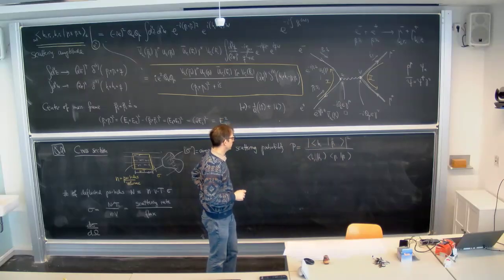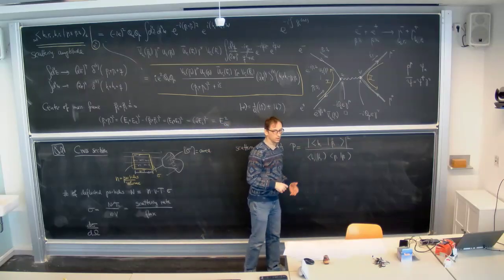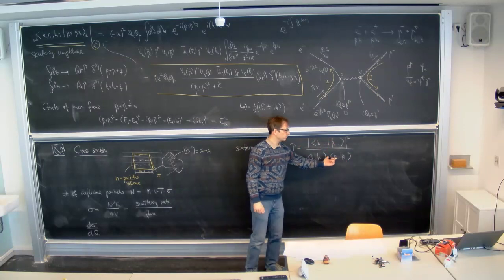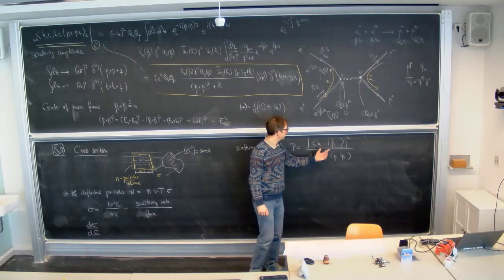And as I just said, none of these norms or the scalar product here are super well defined. Because this is delta of 0, and this one, what's that?